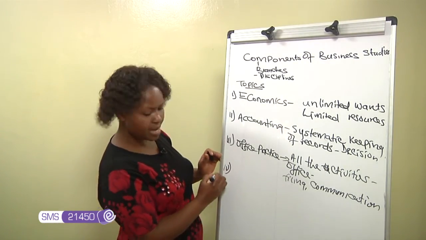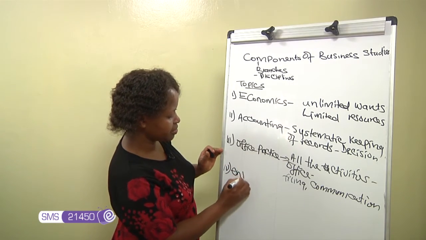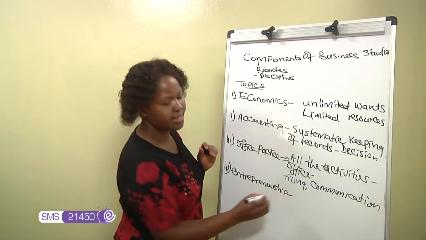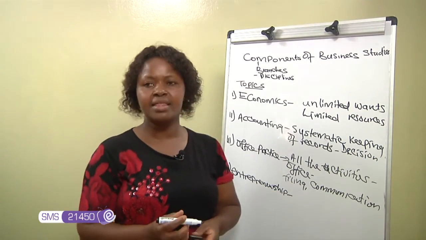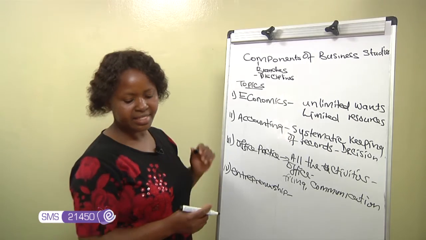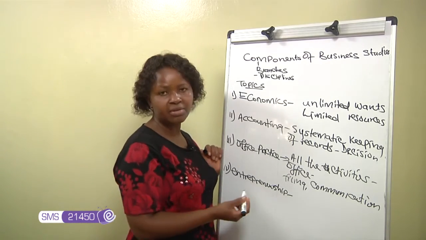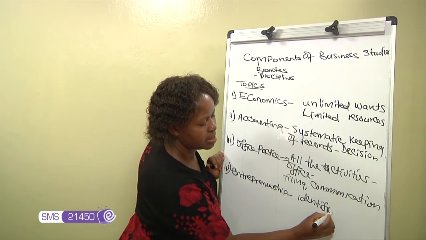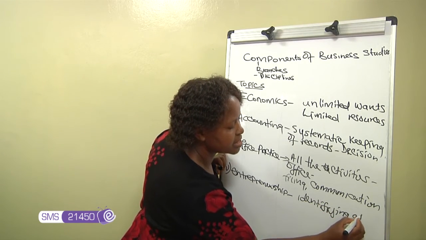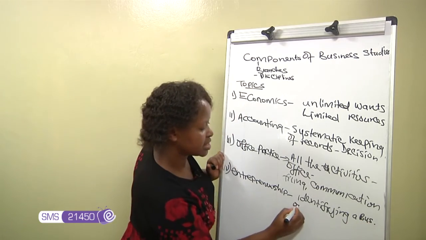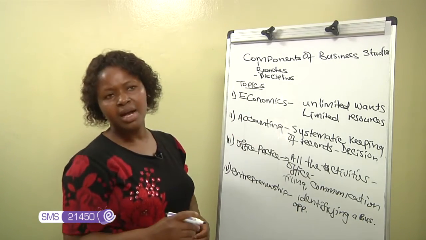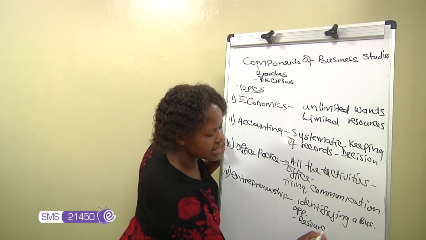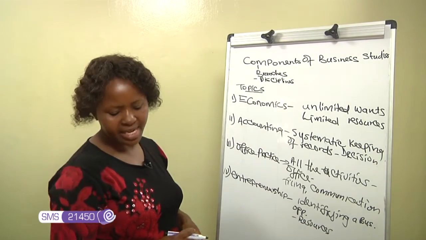Fourthly, we have entrepreneurship. And this is defined as the study of activities that involve the process of identifying a business opportunity, and acquiring the necessary resources in order to start and manage a business.